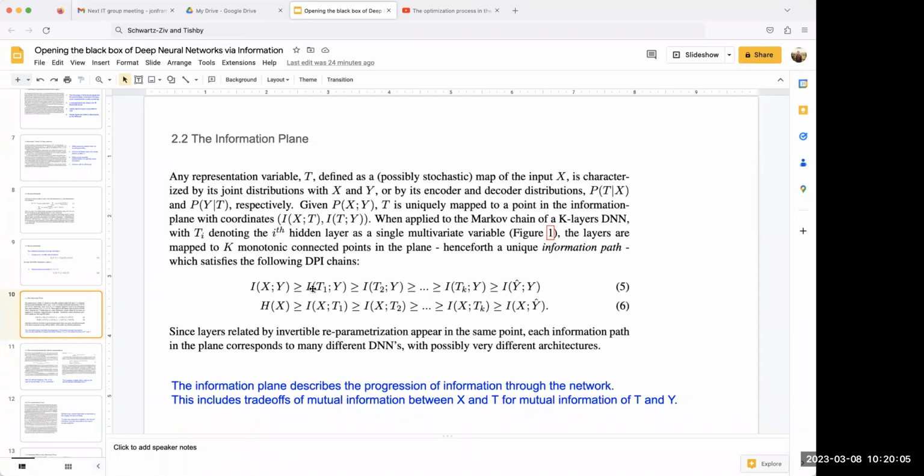They extend that data processing inequality out to each layer of the network. And so they have each layer of the network on the input data and the target data. So here they're just extending the data processing inequality out to include each layer of the network.